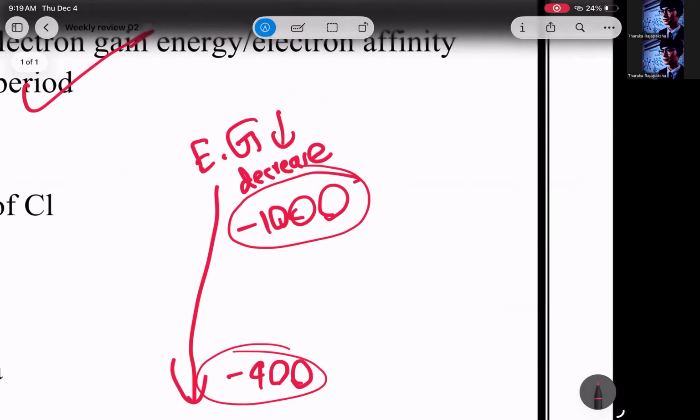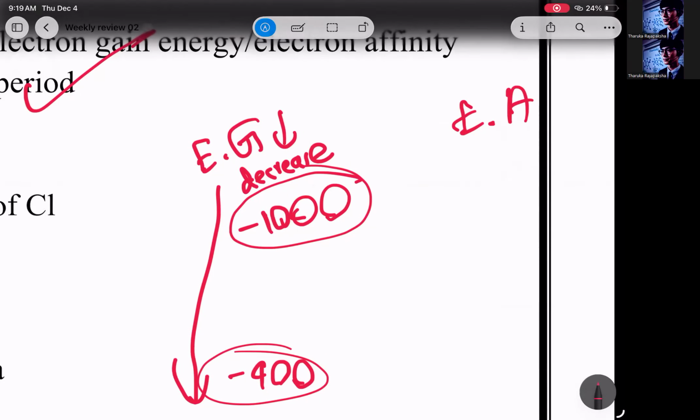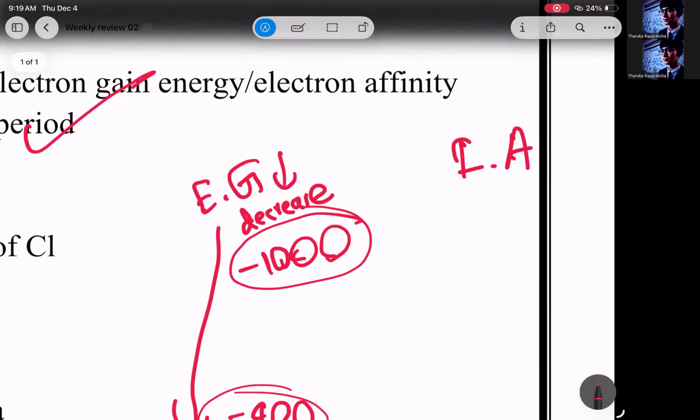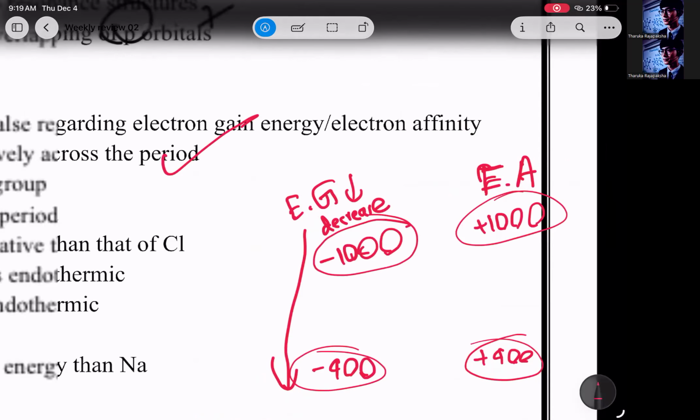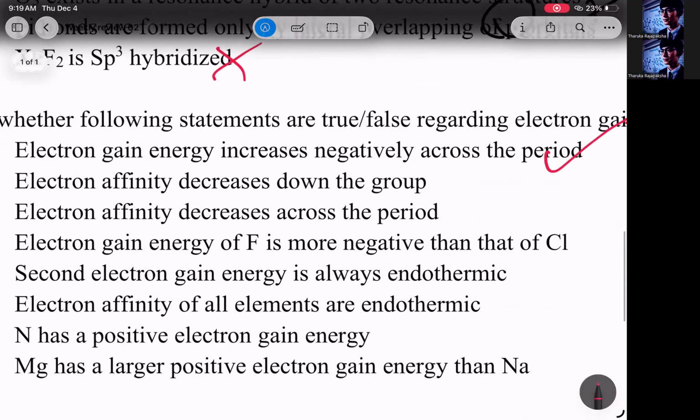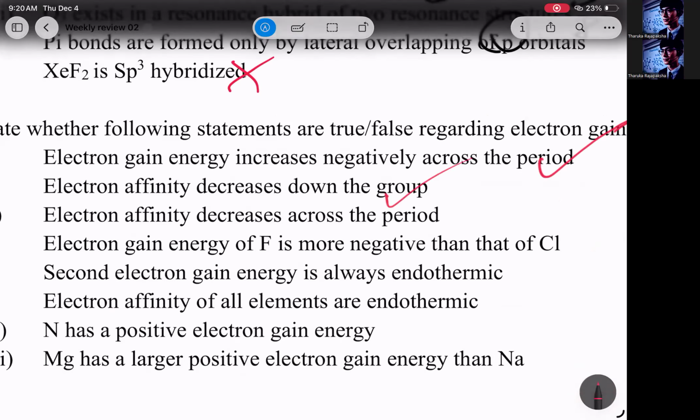Electron affinity is the opposite of this: +1000, then +400. So it is decreasing down the group. You can say that. The positive value decreases down the group.